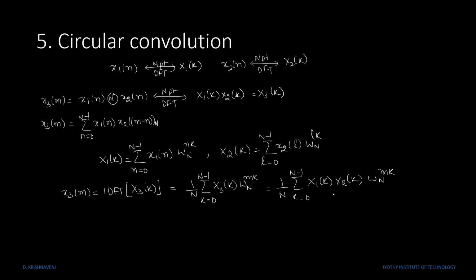So we will substitute the value of x1 of k and x2 of k in this. So we will get 1 by N summation k equal to 0 to N minus 1.